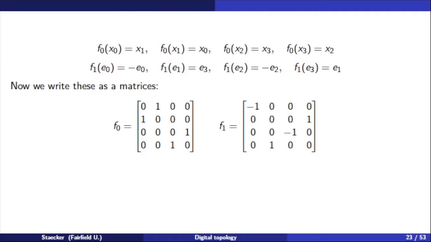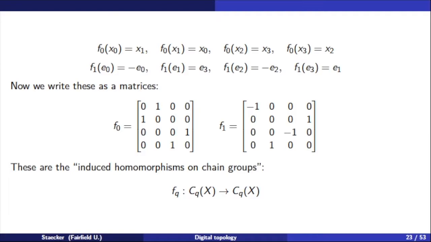These matrices are called the induced homomorphism on the chain groups. Technically, this Cq of X is defined to be the abelian group generated by all dimension q simplices. And the induced homomorphisms always look like matrices, and they're always easy to find. You write everything down and you can find these matrices.